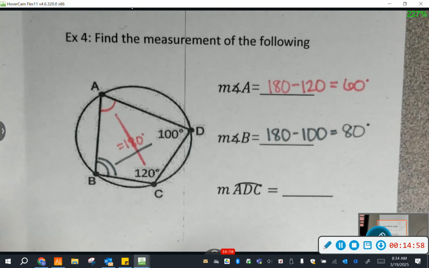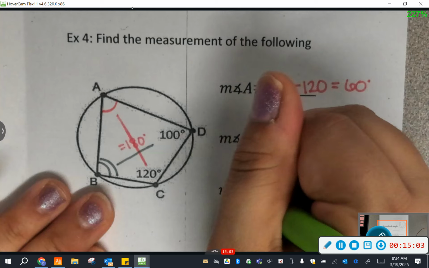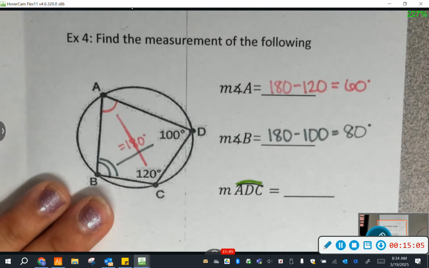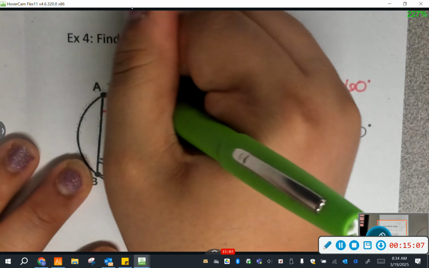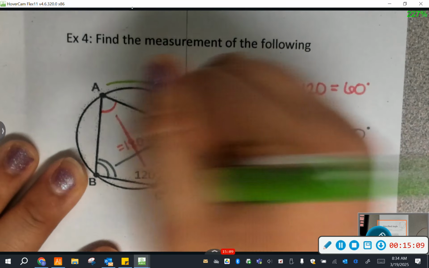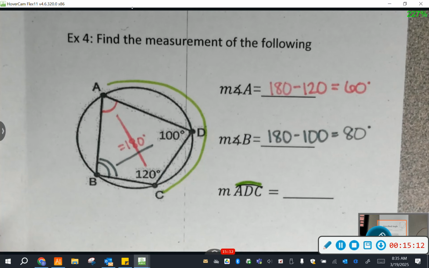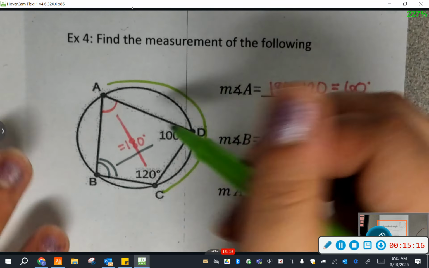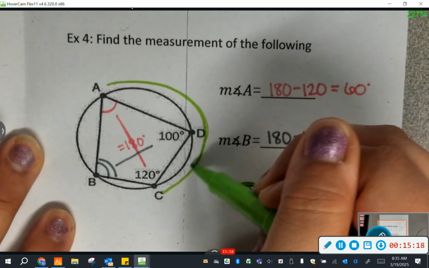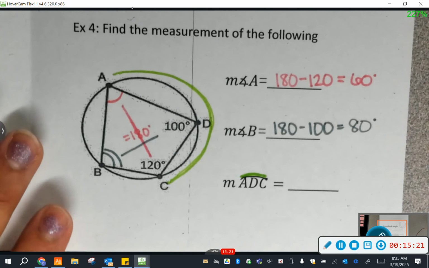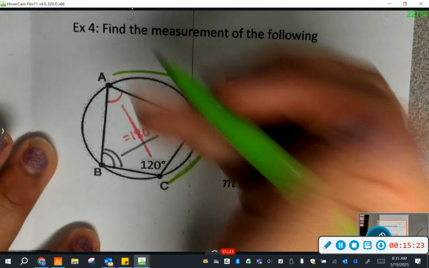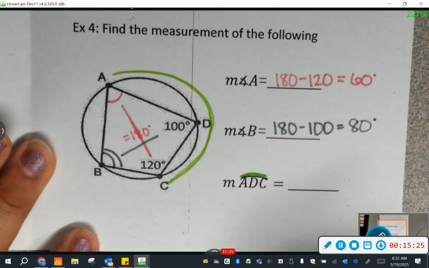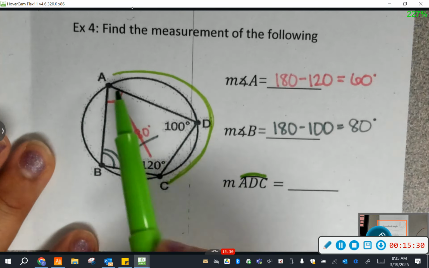Now, the last question says, what is the arc? It has an arc, so what do I need to be doing? Going around. Arc ADC. ADC goes with which angle? Nope, that's the arc ADC. What angle does this go with? What angle is it attached to? Now you're just saying letters. Which angle? Look right here.